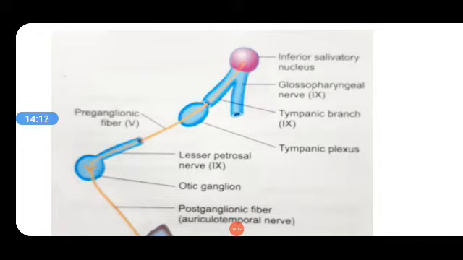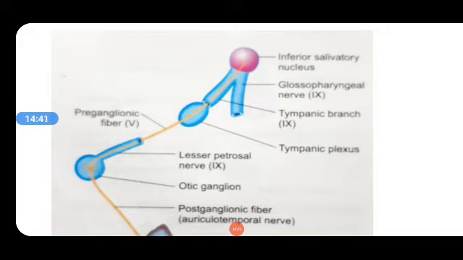For the submandibular and sublingual glands, they arise from the superior salivary nucleus. But for the parotid gland, it arises from the inferior salivary nucleus, and it is situated in the medulla oblongata, but the other one is situated in the pons.